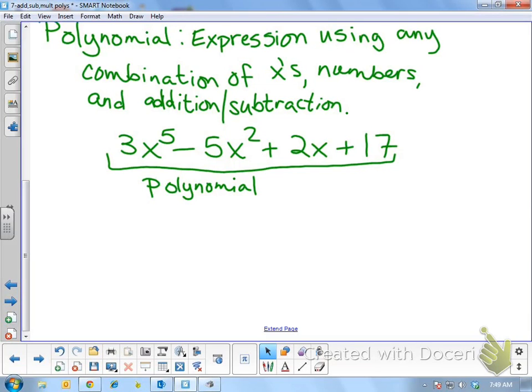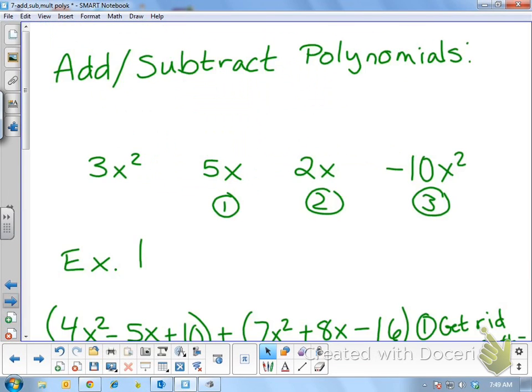So let's talk about what it means to add or subtract a polynomial. I'm going to switch over now. To add or subtract a polynomial, it's something you've done before.